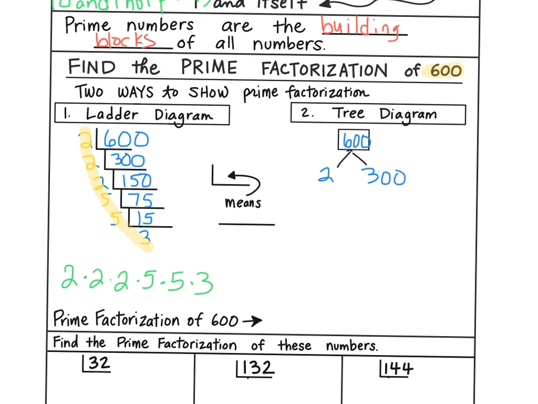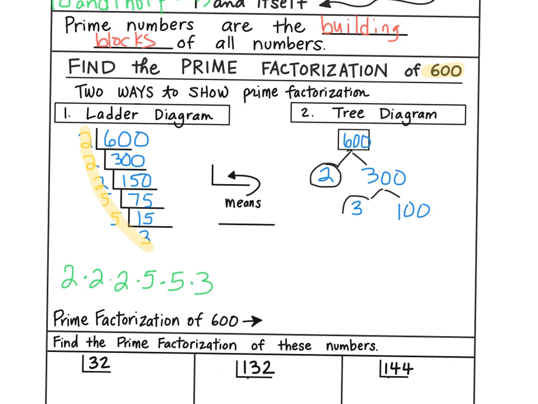So what I like to do is draw a circle around any of my branches that end in a prime, and then I continue my branches off of any of my composite numbers. So here I could choose to do 2 again, or maybe I look at it and I said, oh, well, 300, I know could be divided into 3 and 100.